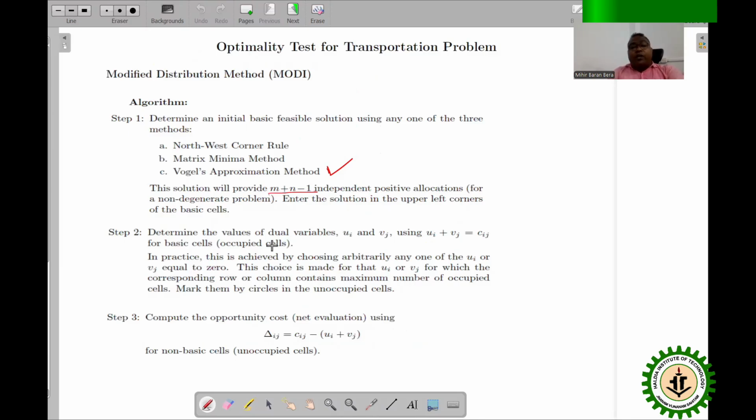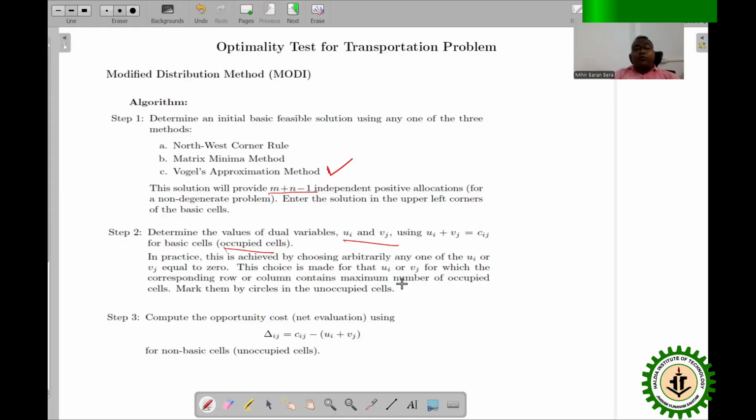For each origin and each destination, we define the dual variables ui and vj, which satisfy the condition ui plus vj equals cij for the allocated cells. Here the number of variables is m plus n, but the number of equations is m plus n minus 1. So to find all the variable values, we have to choose one variable equal to 0.